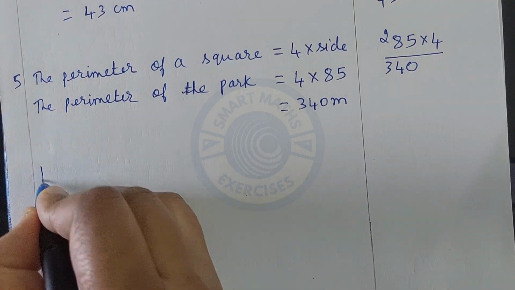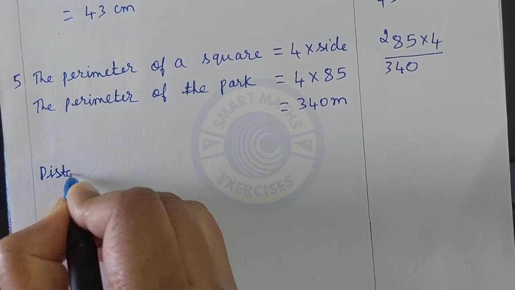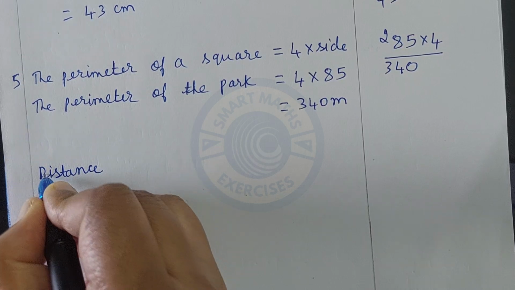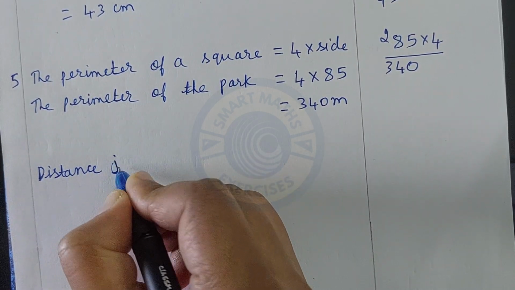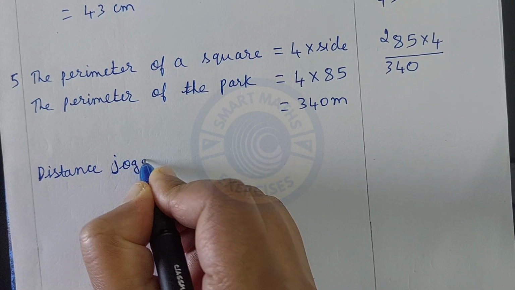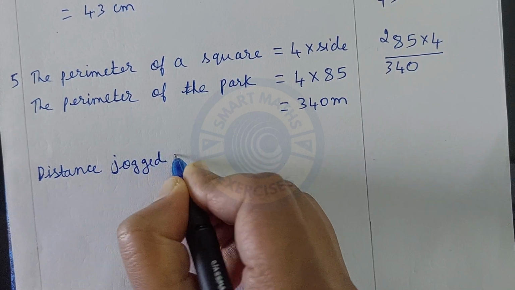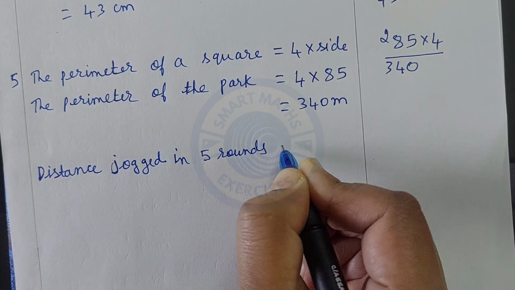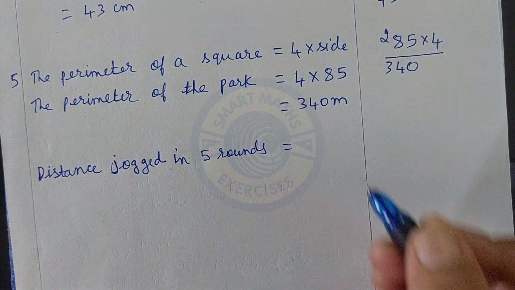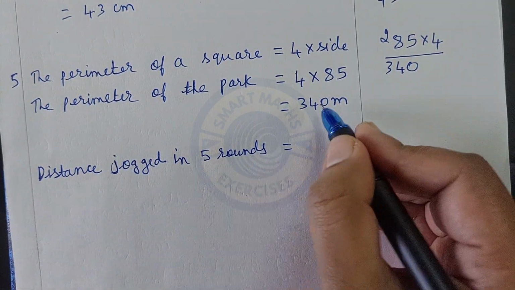So distance jogged in five rounds is equals to, we have to multiply 5 into 340.